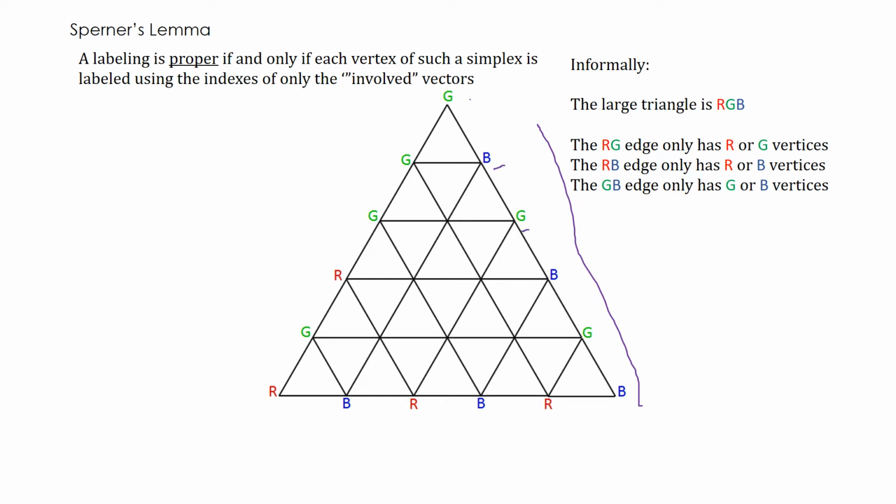These vertices can be only labeled B or G, and likewise for this edge, large triangle's edge, these vertices can be labeled only B and G. This is the big triangle which has R, G, and B labels. So this is a proper labeling.